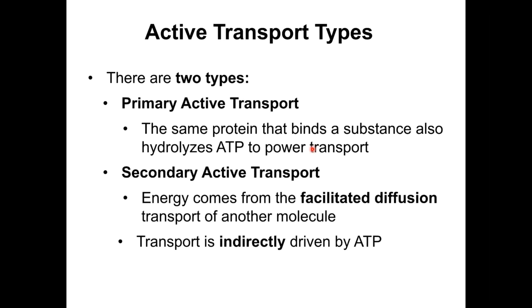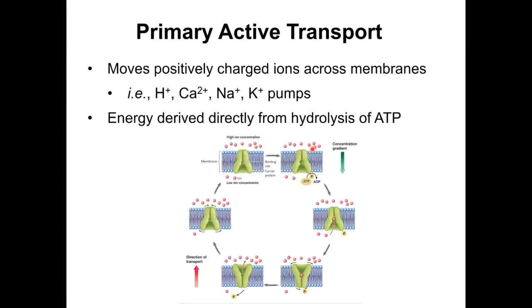Let's look at two examples. Primary active transporters: here you see some ion pumps. Again, ions need to be kept at specific concentrations across the membrane in some cells, like muscle cells, neurons, and so on. And so you can't let them diffuse inside the cell all the time. So you have to pump them out.